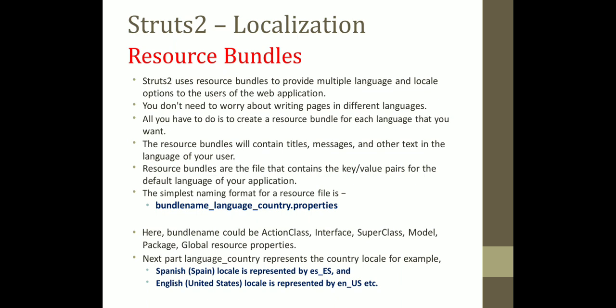For example, the Spanish locale is represented by es, and English for the United States is represented by en_US. So this is the basic format for naming: bundlename_language_country.properties. So language_country represents the country locale.